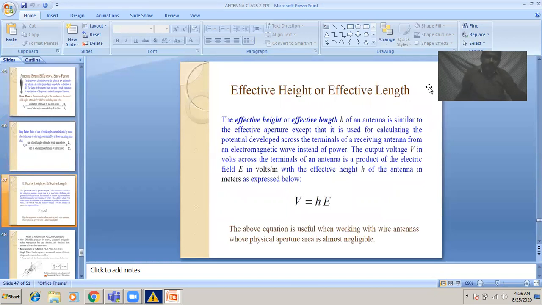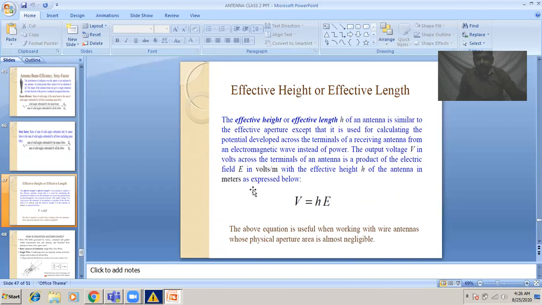Effective height or effective length. It is nothing but the ratio of the voltage received at the antenna terminals by an incident wave of electric field strength E. Therefore H equals V by E. This can be defined for a transmitting antenna and also for a receiving antenna.